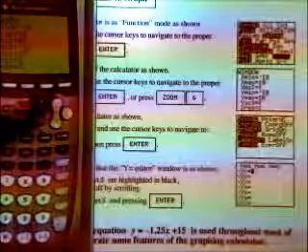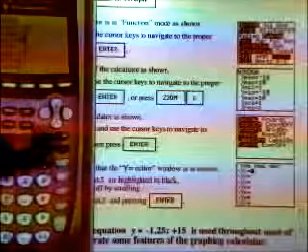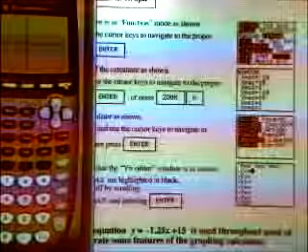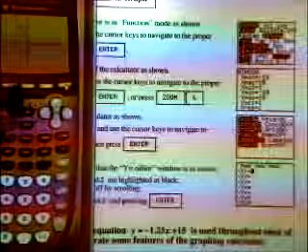What are my little tick marks? What am I going up by? So if I change this to be 2, notice my tick marks get further apart. If I put an X scale of 0, I actually have no tick marks. So I can change what my scale is if I want to, if I need to.